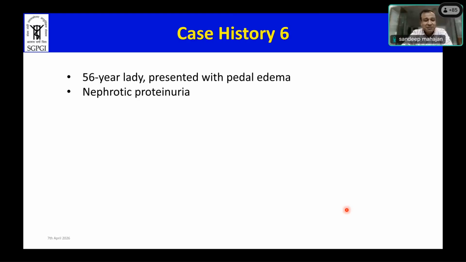And he's the one who has completely changed the outlook of a disease which was so ambiguous as MPGN. And now the classification, as Dr. Vinita showed, is practically what we call Dr. Sethi's classification of MPGN. So it's quite interesting how things have evolved here.